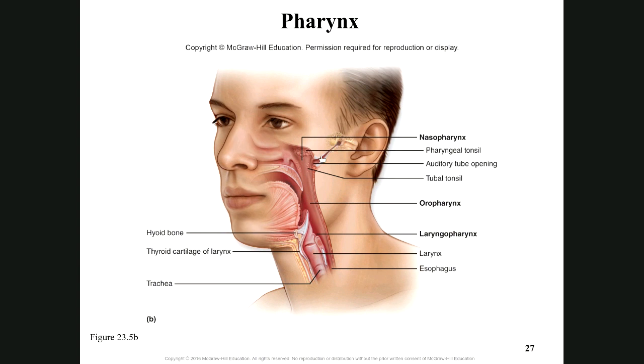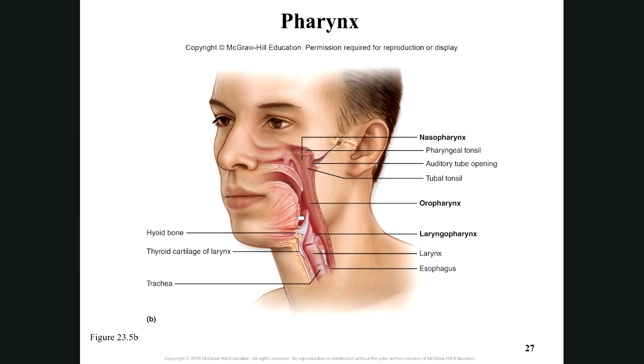As you see here, it connects your nasopharynx to your middle ear, and it can equalize the pressure on your tympanic membrane. In the opening of this auditory tube, you can see a small tonsil, a minor tonsil, which we call the tubal tonsil. Then you can see your oropharynx here, and these are the lingual tonsils.